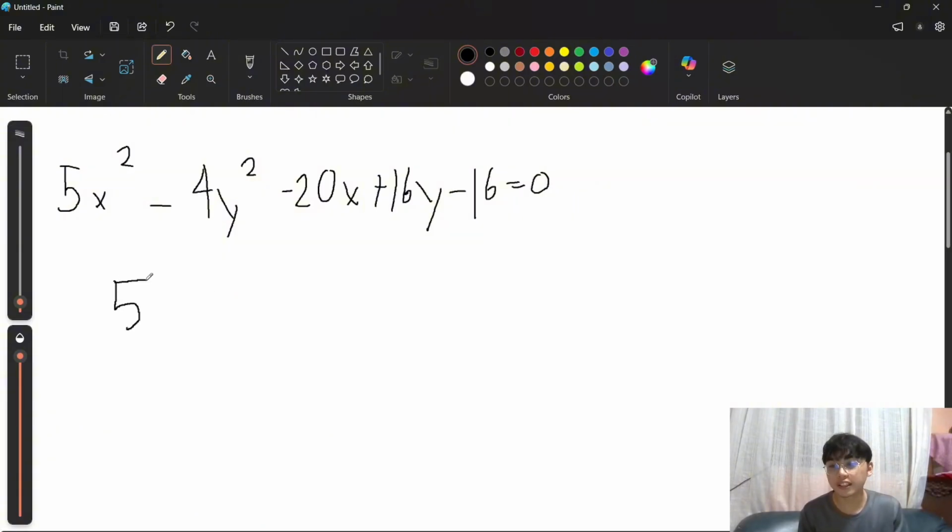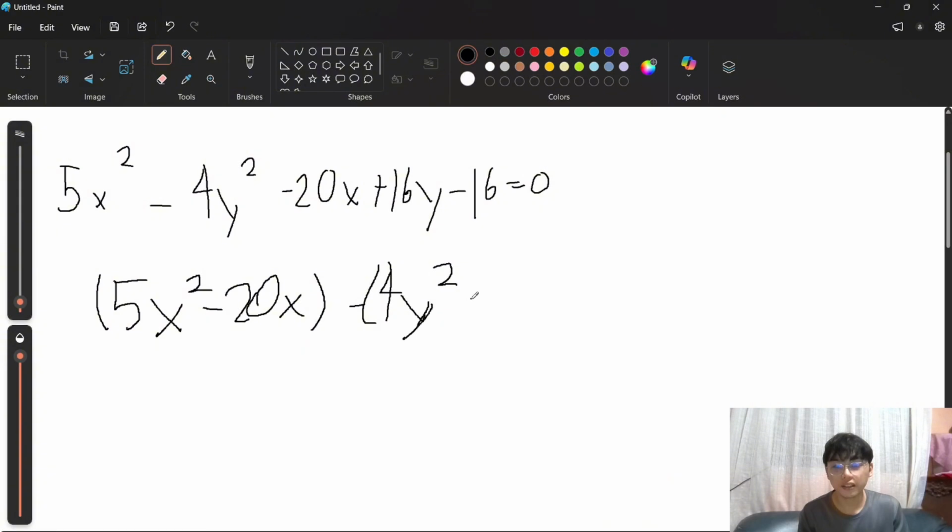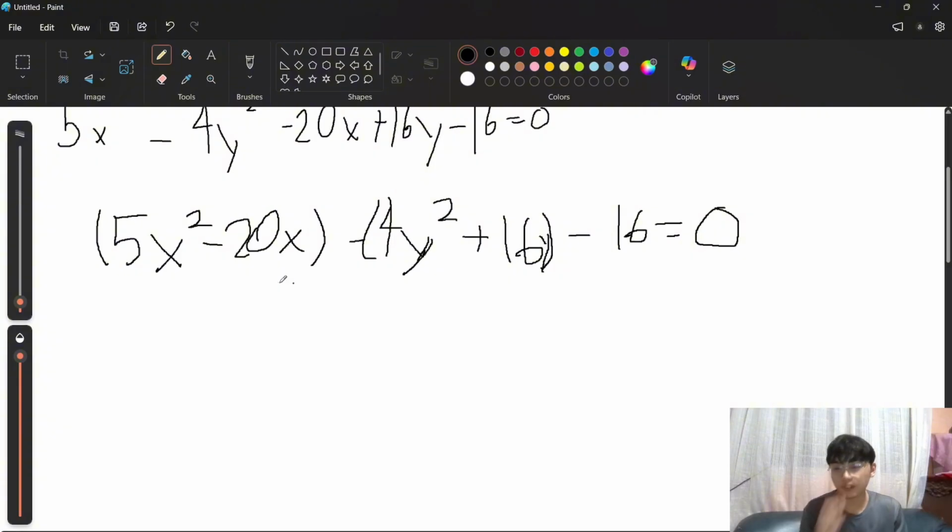So we would have here 5x squared minus 20x minus 4y squared plus 16y minus 16 is equal to 0. Now we need to factor out.